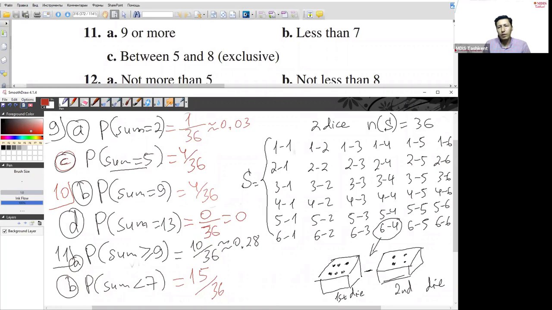No, we don't have such elements. Therefore, it is 0. For example, here, the largest one is 6, 6. When you add them, you get 12. There is no element where, when you add them, you get 13. Therefore, we put 0.